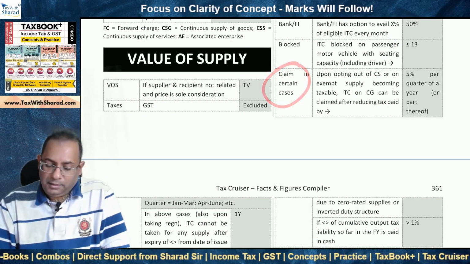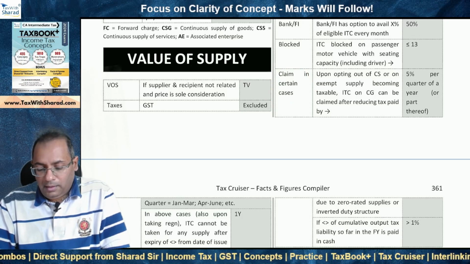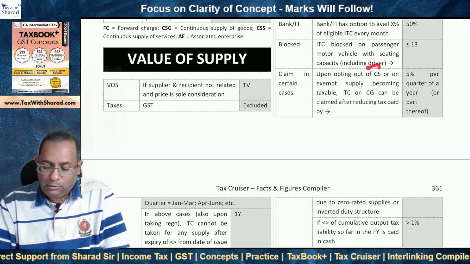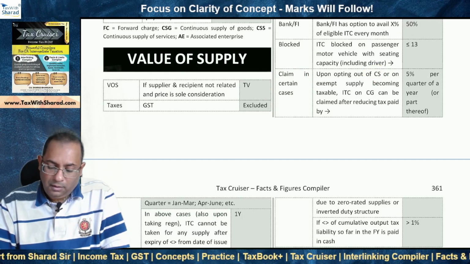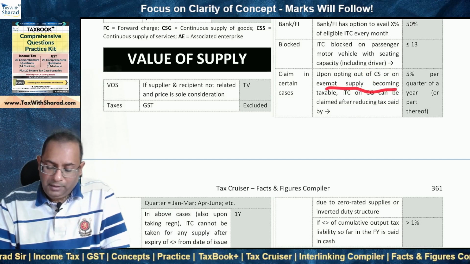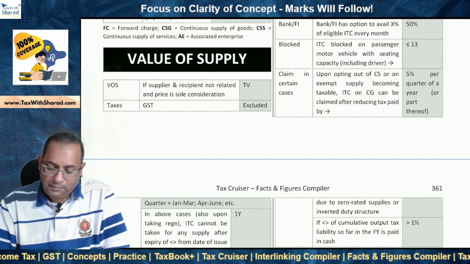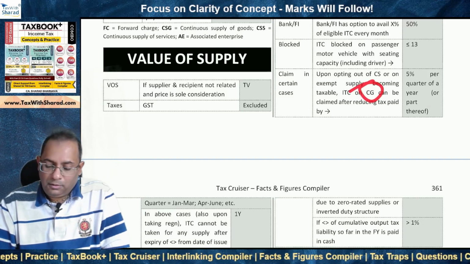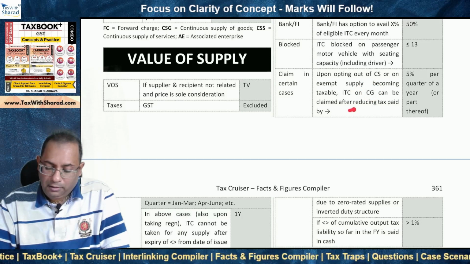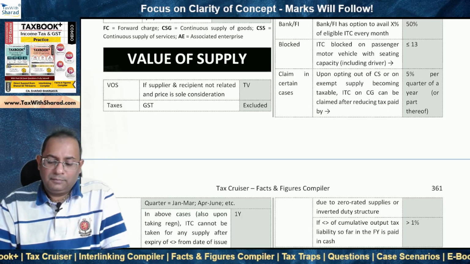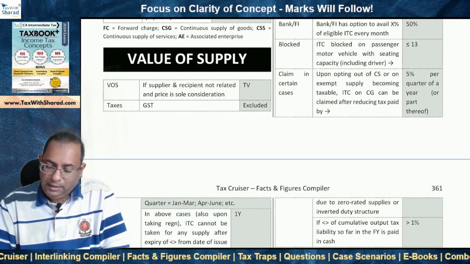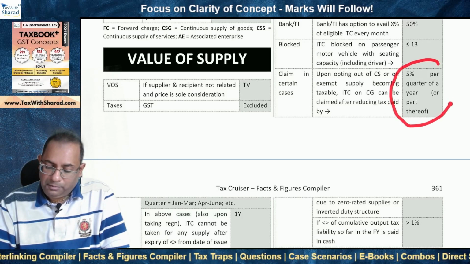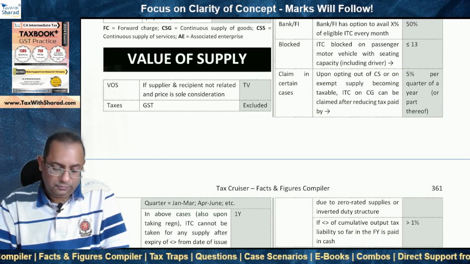Claim of ITC in certain cases. In case the person is opting out of the composition scheme or exempt supply is becoming taxable, then ITC can be claimed. In case of capital goods, ITC can be claimed after reducing tax paid by a certain extent, and that extent is 5% per quarter of a year or part thereof.